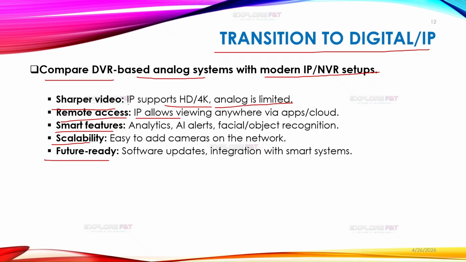IP allows viewing anywhere via app or cloud. Analytics, AI alerts, facial and object recognition. It is easy to add cameras on the network, with software updates and integration with smart systems. So these are the reasons why we moved from analog to IP.